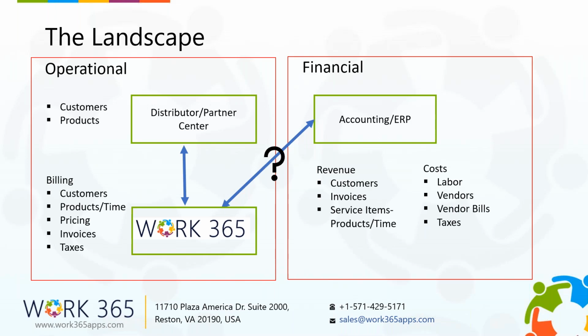This way, then you can enable things like the self-service portal as well, for your customers to see their invoice using the Work 365 portal that's built on Dynamics CRM, right? And there's no confusion around what is the actual accurate amounts and what the invoice should actually look like. So this is kind of what we're trying to address here in this call in terms of how to take this stuff from here and put it into your accounting system from a revenue standpoint.